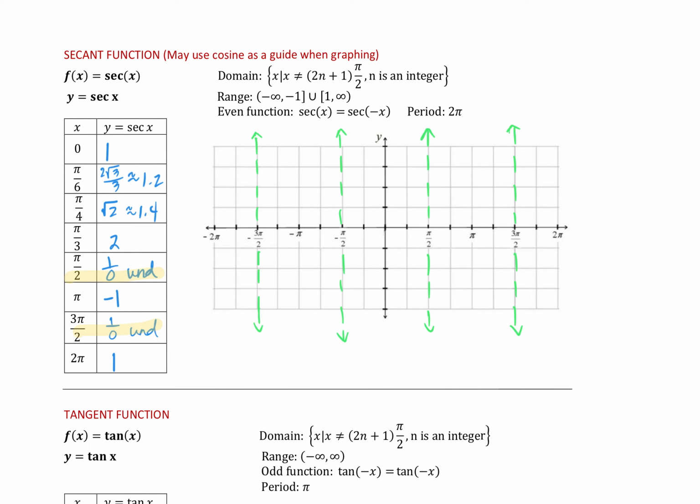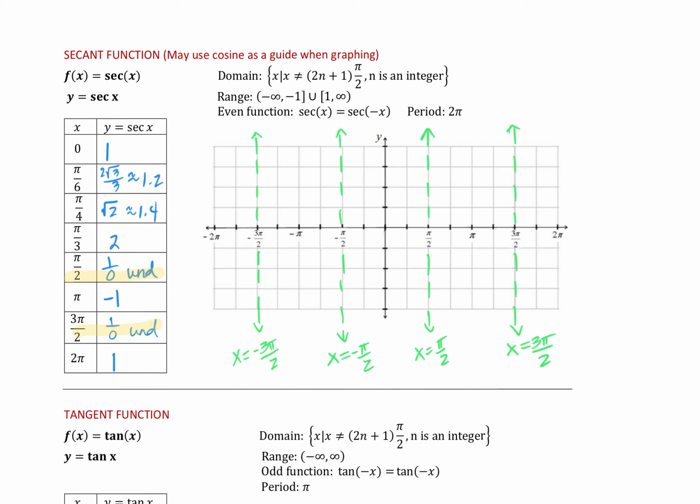And at negative 3 pi over 2. So all of these vertical lines, x equal to negative 3 pi over 2, x equal to negative pi over 2, x equal to pi over 2, and x equal to 3 pi over 2, are all asymptotes. The shape is going to look the same as the cosecant. It's just shifted over a little bit.